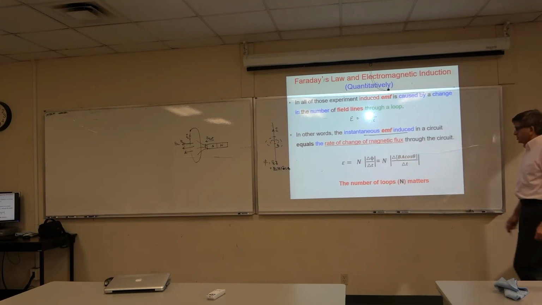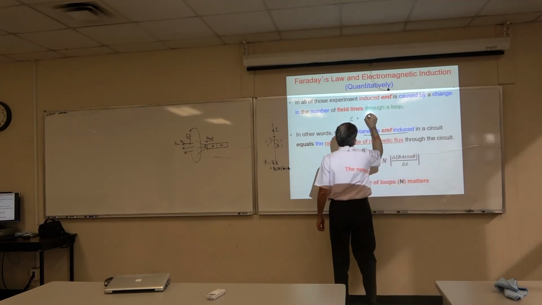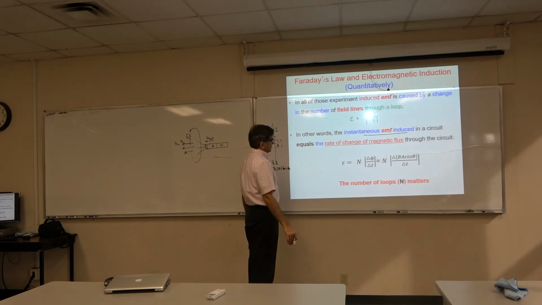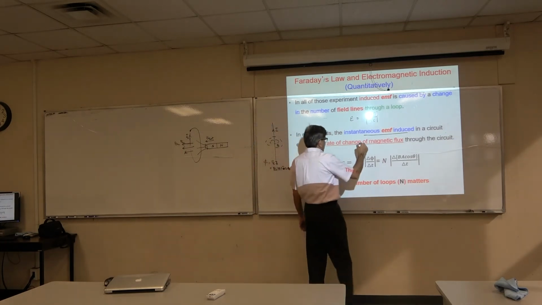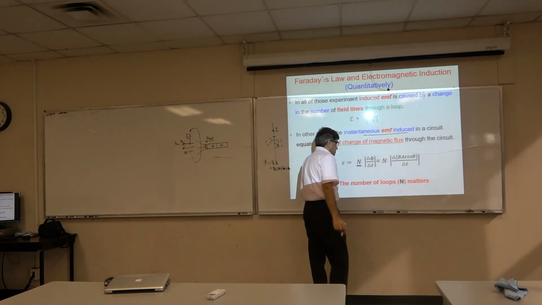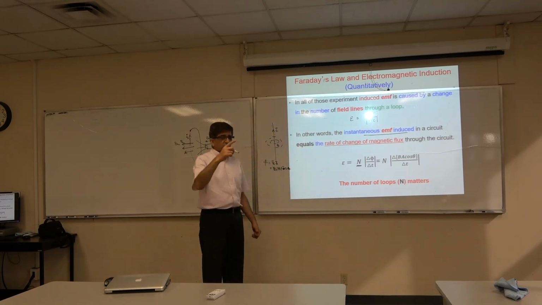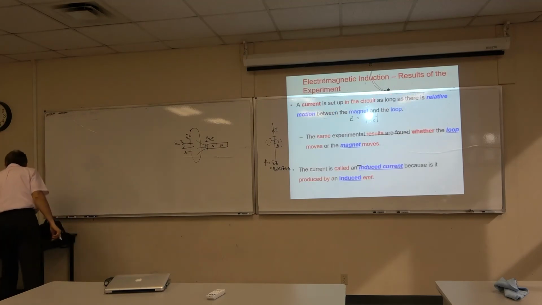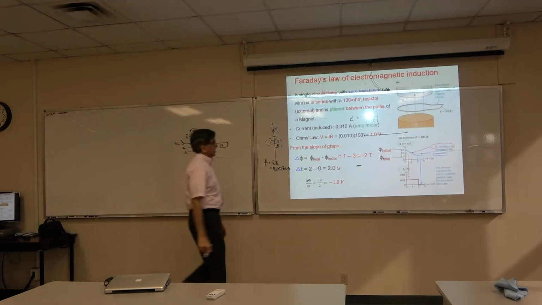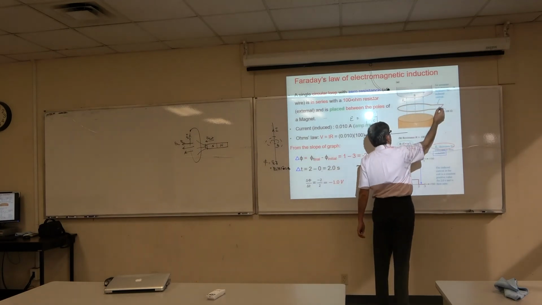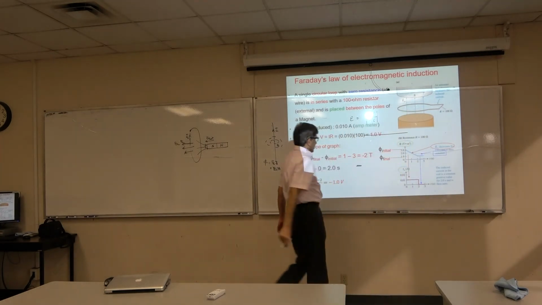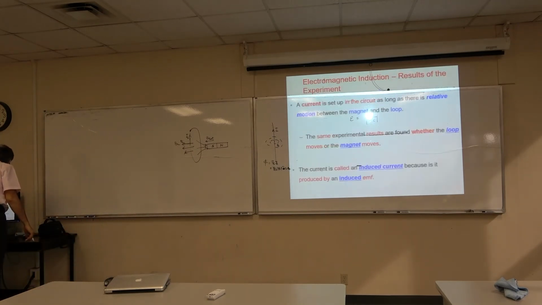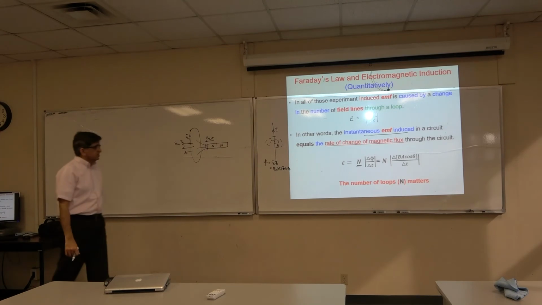I put the modulus, the absolute value, because we don't talk about the negative sign yet. And n is the number of turns in the loop. If n is equal to 1, there is one loop. If there is nothing mentioned, then it's 1. It should be mentioned in the problem.